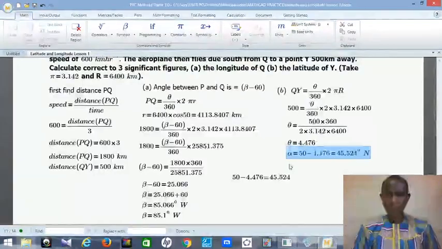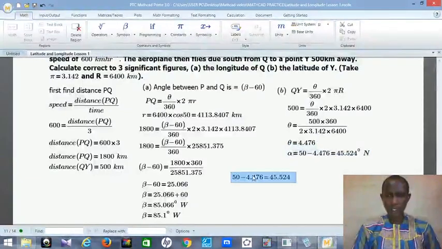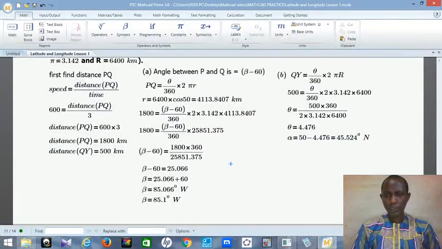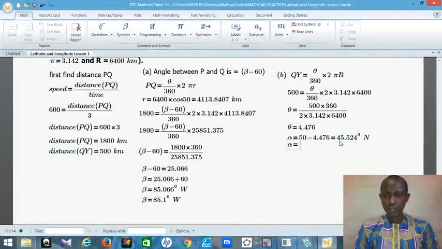Then finally, we don't need this, let's take this out. So finally, alpha, the question says we should approximate to 3 significant figures, which is 1, 2, 3, that is 45.5 degrees north.